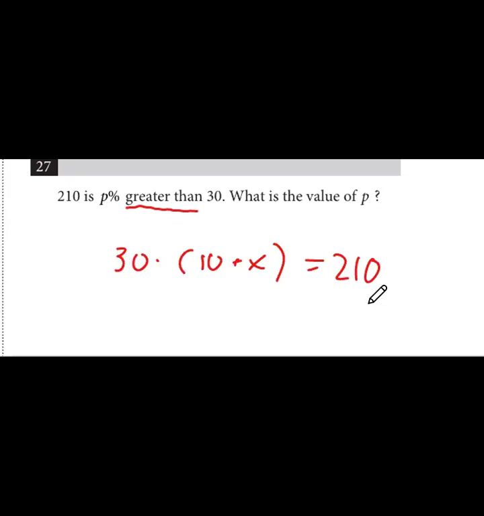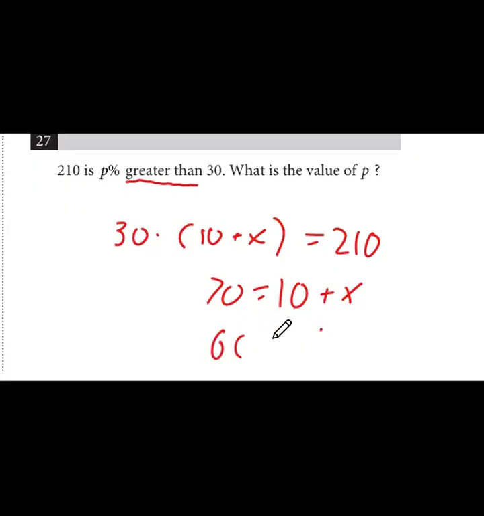So in this case, we take 30 divided by 30, and then that gets us 70 equals 10 plus x. Subtract 10 from both sides, we get 60 is equal to x. And then because I divided by 10 here, we need to multiply by 10 here to get 600%.